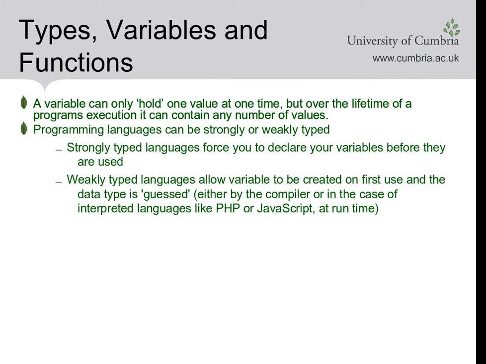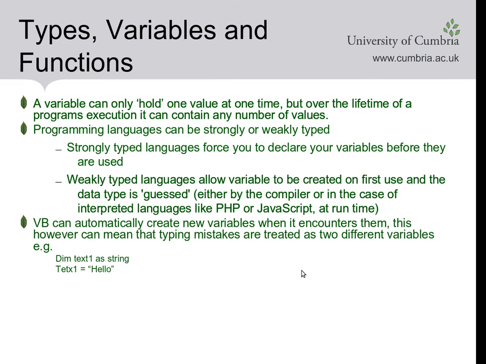Weakly typed languages allow variables to be created by the compiler or the interpreter, I'll come on to an interpreter in a minute, when they are first encountered, and generally the first usage of the variable, where it is assigned a value, then determines what type of data that variable will store. This can lead to mistakes, so it's not generally a good idea to rely on weakly typed languages. They do introduce several problems.